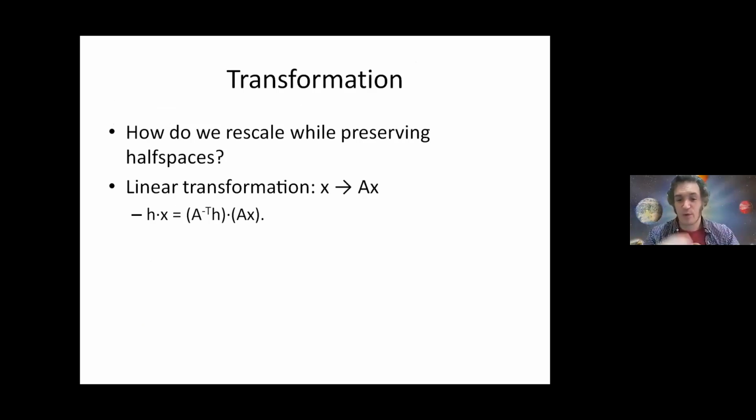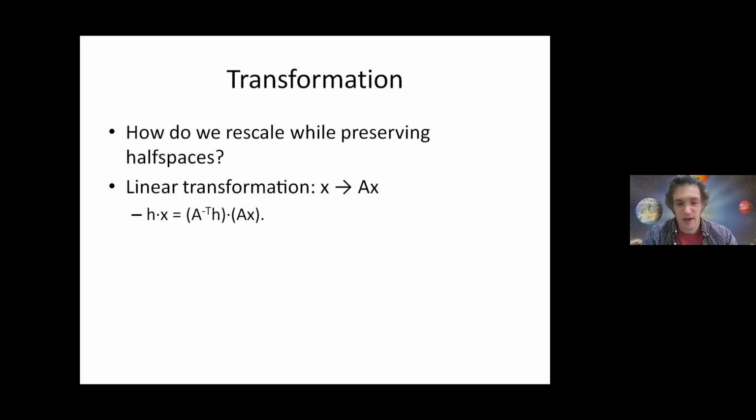So if we replace every point x by Ax for some, say, invertible matrix A, then h dot x becomes A inverse transpose h dot Ax. And so the points where h dot x is positive and negative are now the points where Ax dotted with this somewhat different normal vector are positive and negative.